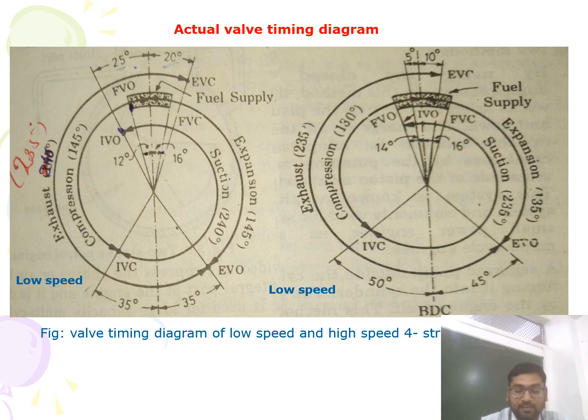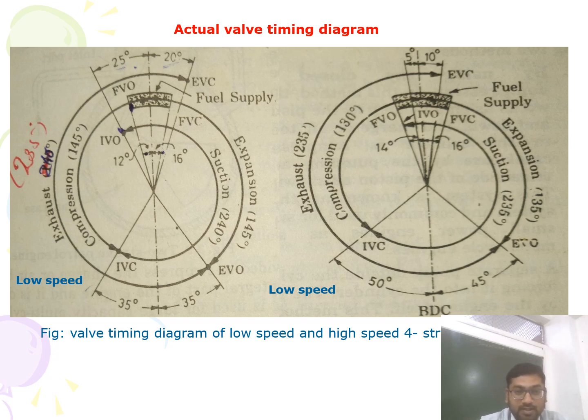The typical timings are as follows. In the low speed engine, you can see the inlet valve opens, indicated by IVO, about 25 degrees before TDC. Then the inlet valve closes, indicated by IVC, around 35 degrees after the TDC.